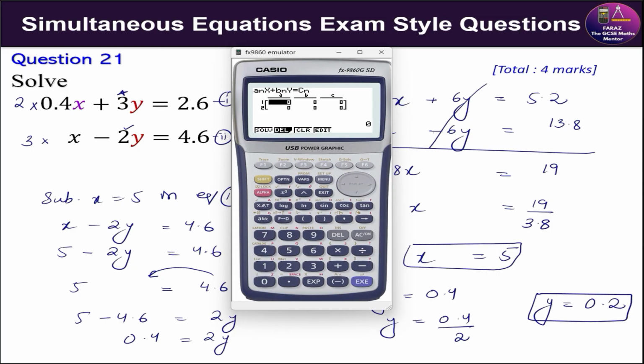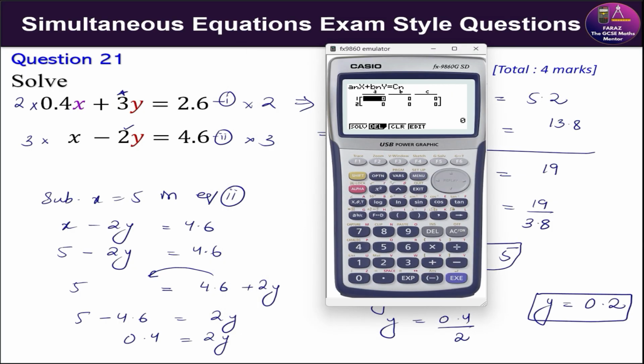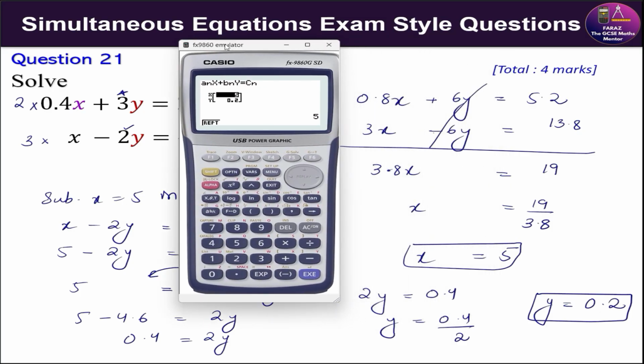Number of unknowns are 2, and you can enter the original equations' coefficients, so it is 0.4x, enter 0.4 there, 3 and 2.6. In the second equation the coefficient of x is 1 and y's coefficient is -2, and we have 4.6 there, so you have 5 and 0.2.